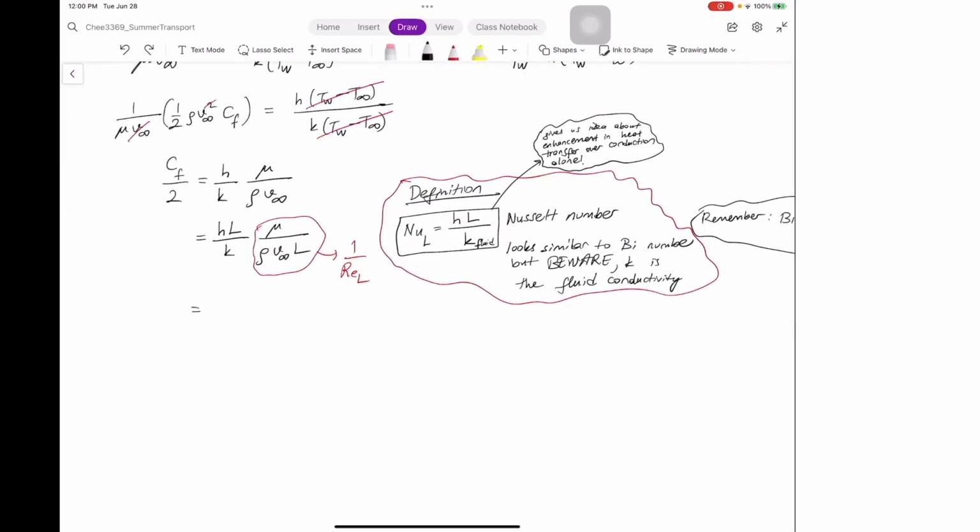If you know the Nusselt number, you can calculate h by knowing k. So if you know which fluid it is, you know k, right? For example, air has a particular k value. So if you know the Nusselt number corresponding to the flow of air over some plate, then you can calculate h from the Nusselt number and also k. Okay.